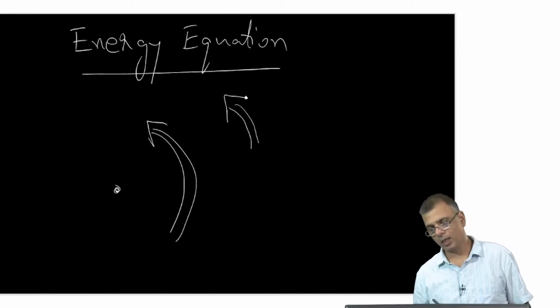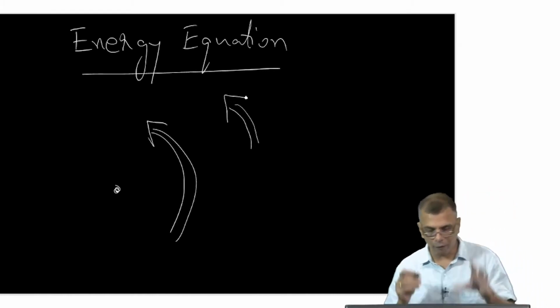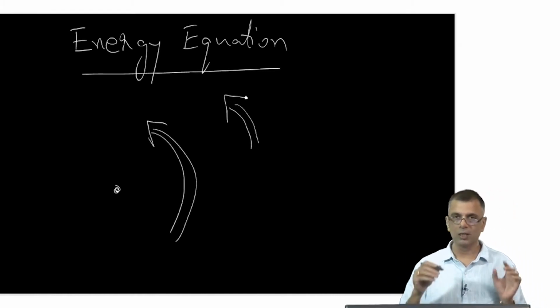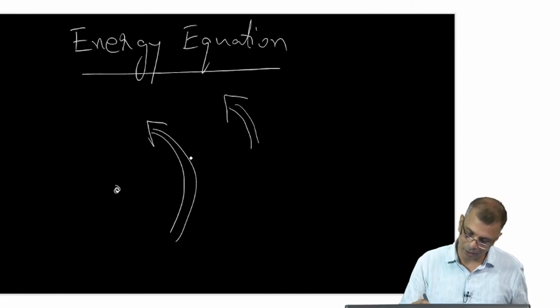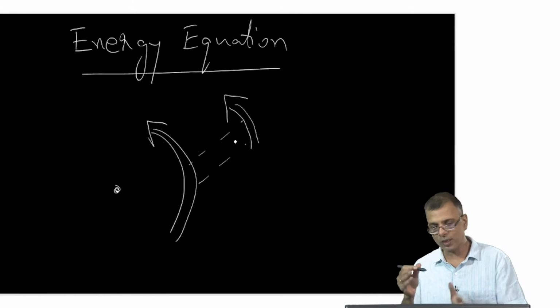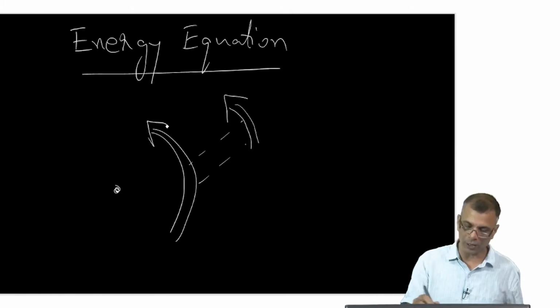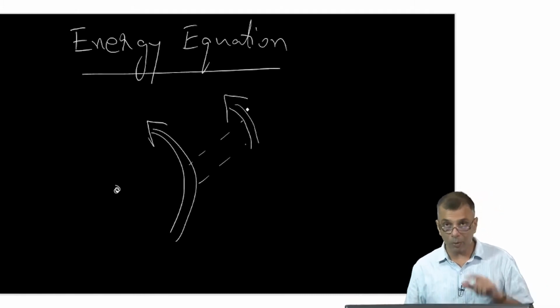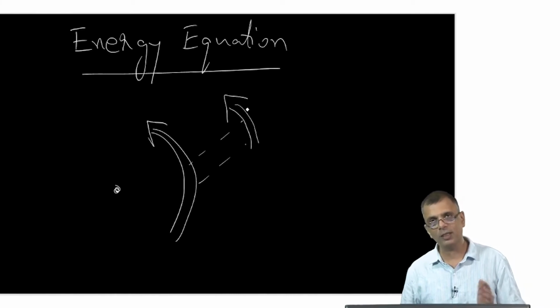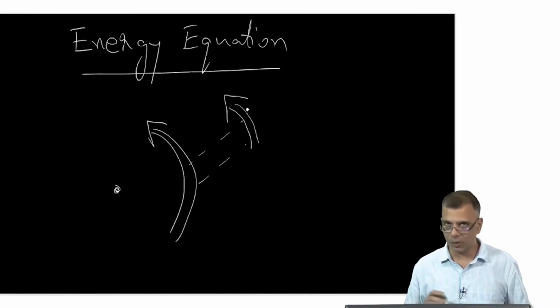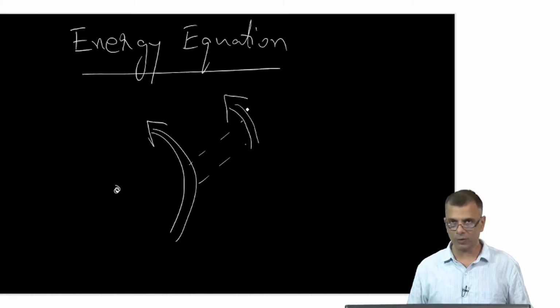And the fact that you have this shear motion points to there being little rubber bands connecting these layers, opposing the sliding of this layer over this layer. But we also know that viscosity is a dissipative thing. It appears in the momentum equation, but we also know that viscosity causes energy dissipation.